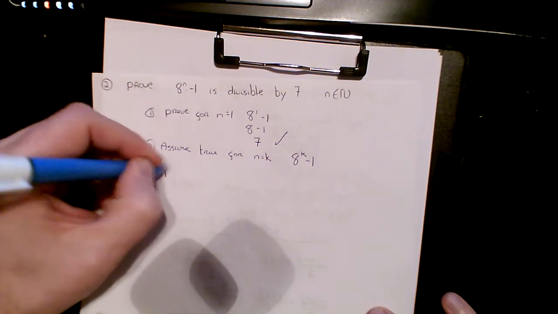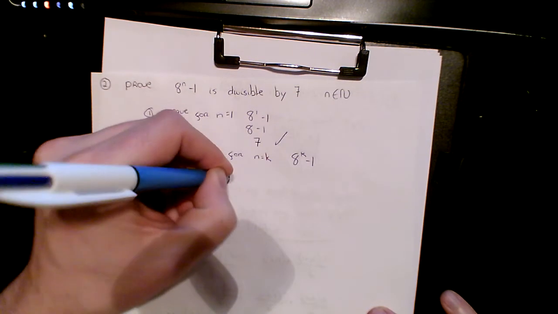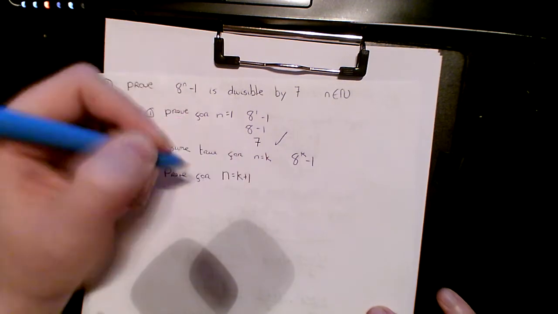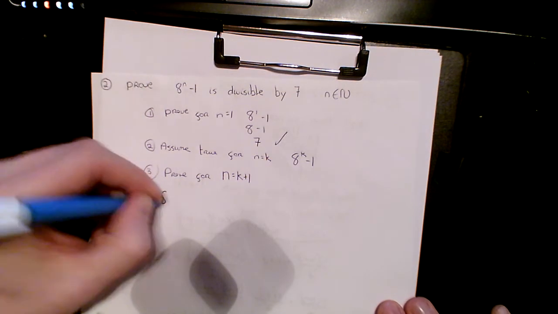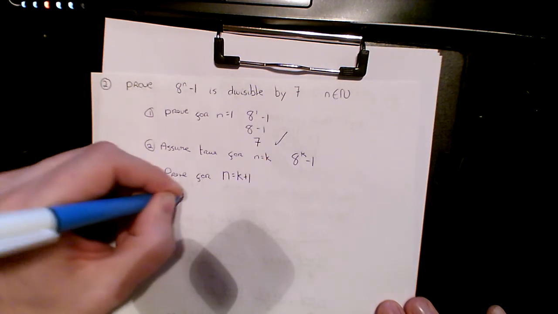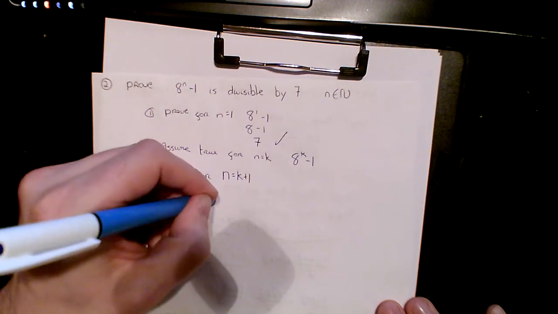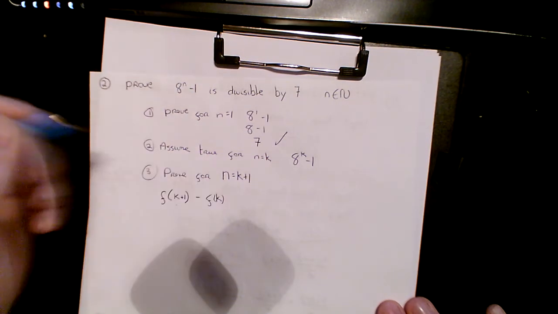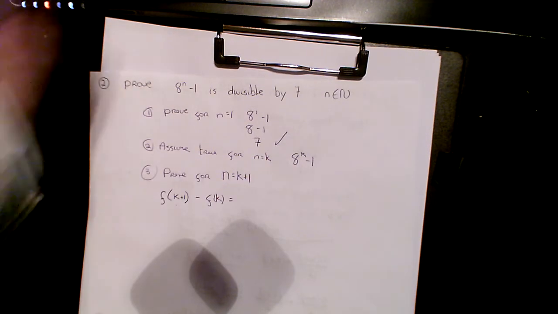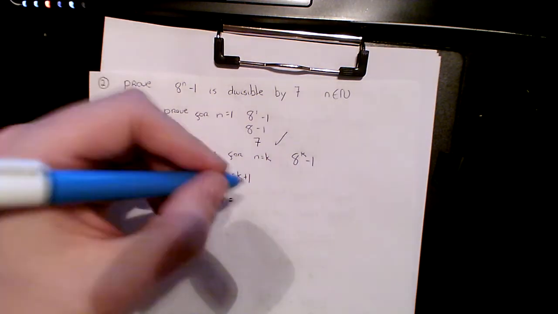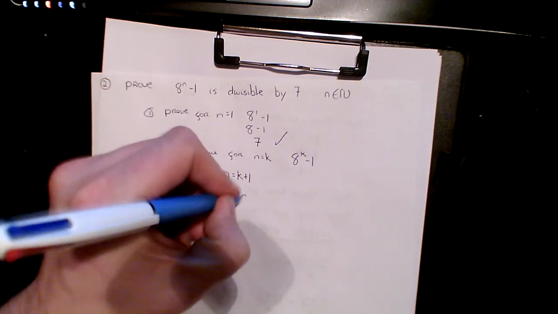And the third bit then is prove for n equals k plus 1. And remember these divisibility ones, we will look at this method. We'll go f(k plus 1), the last number, minus f(k), the second last number, equals, well, we'll take this and we put in k plus 1 first.